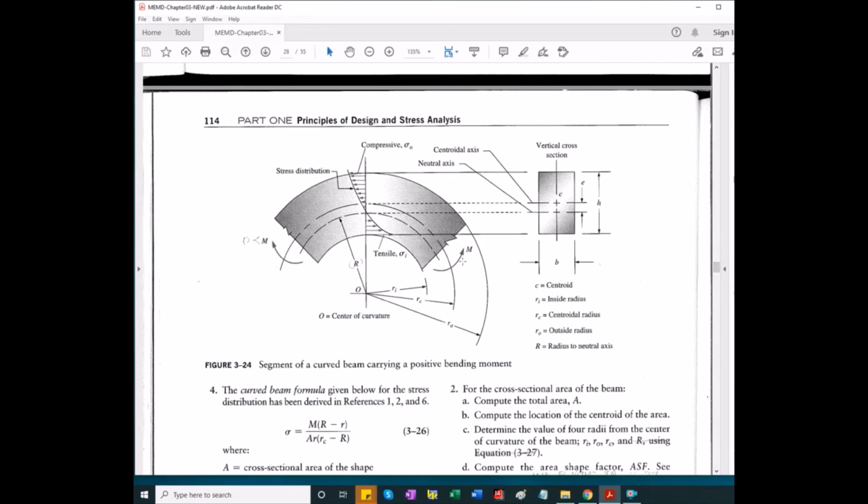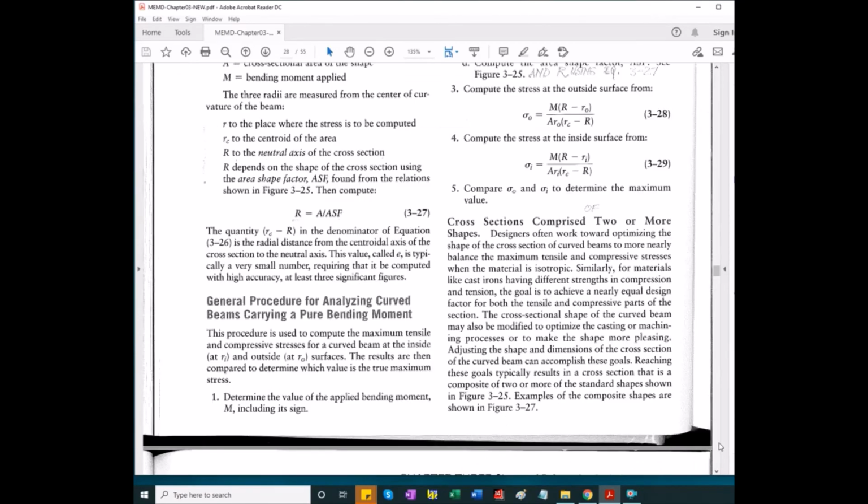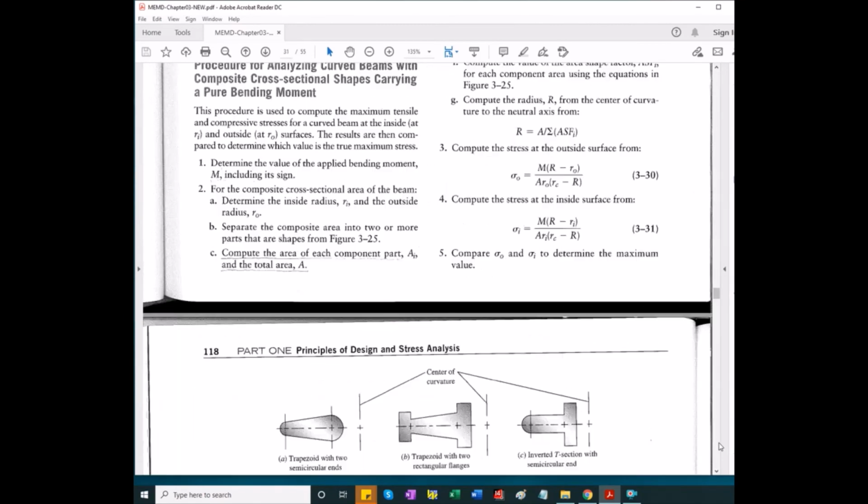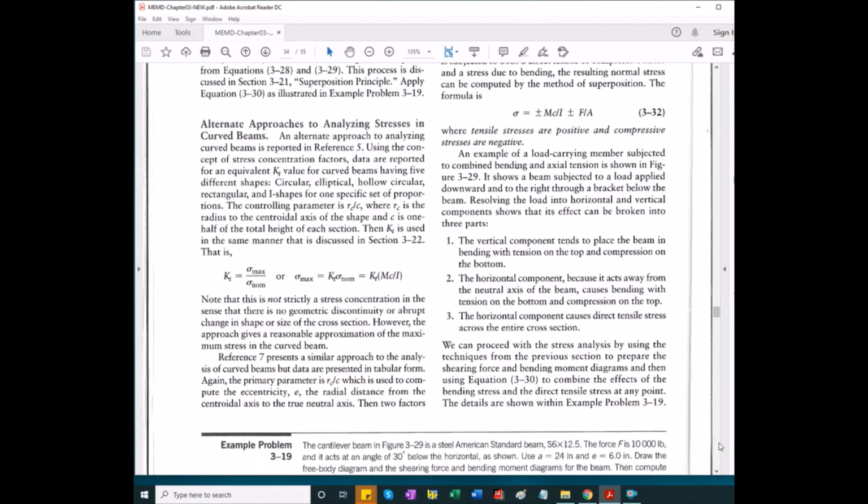So, force applied with some eccentricity that causes the moment, but there's also the force itself that causes a stress, and that will have a distribution in line with that caused by bending, and you just overlap the two stress profiles.